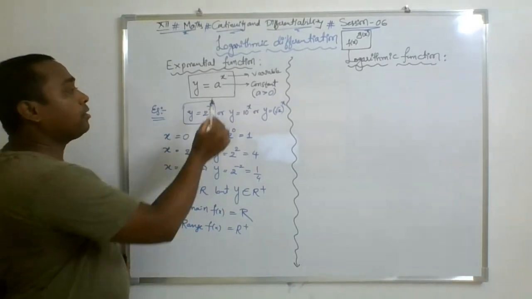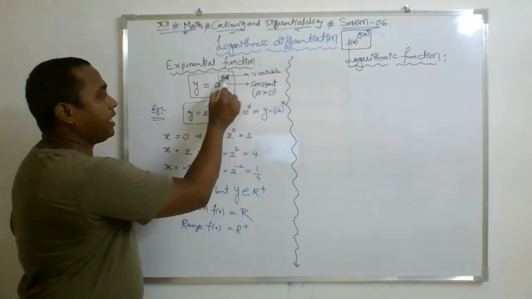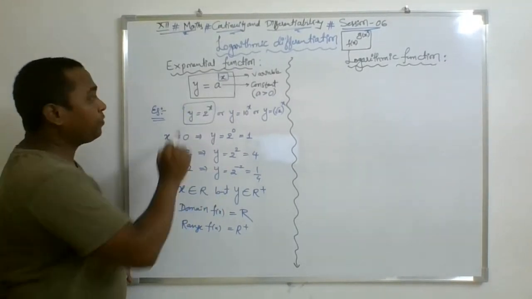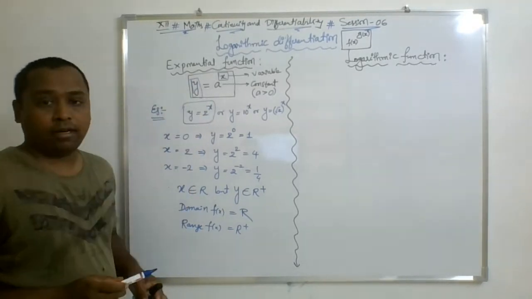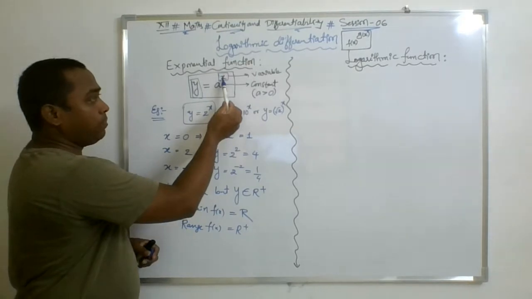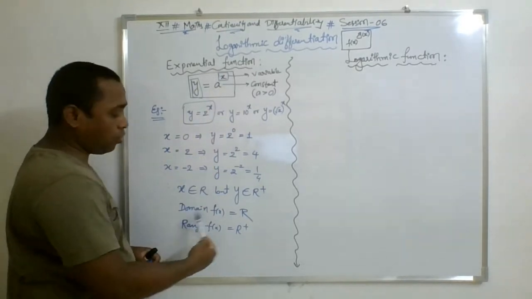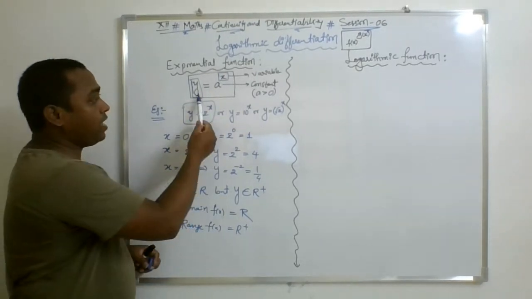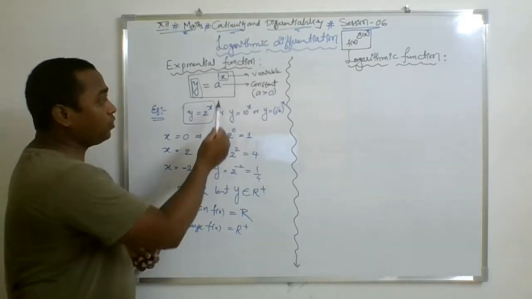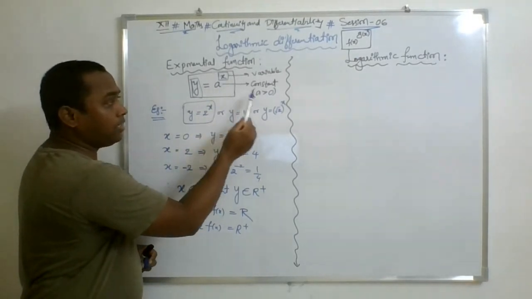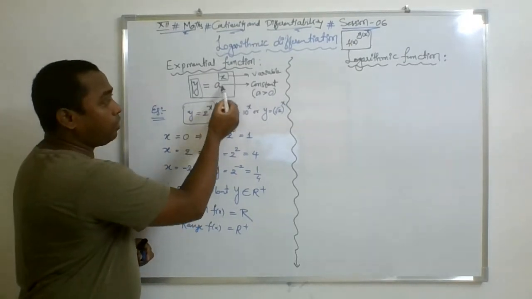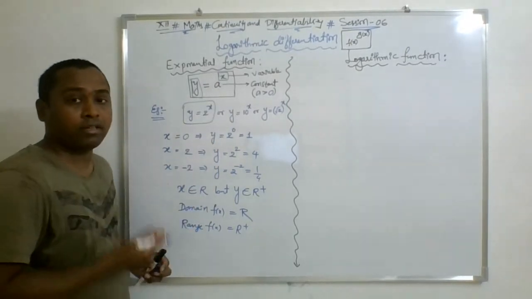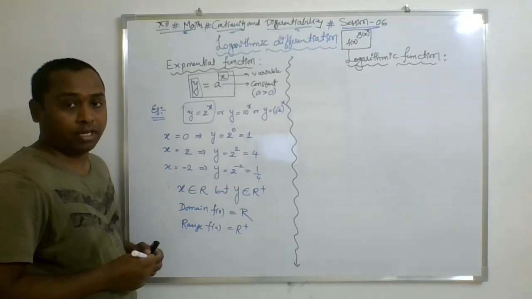Domain means the possible values of x in the equation, and range means the possible values of y, right? So here x may be any real value, hence the domain is any real number, and y is always positive since we are taking the base greater than 0, that is, a is a positive real number only. The base is always a positive real number.